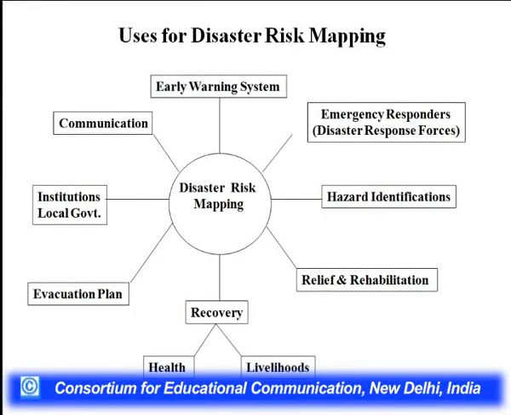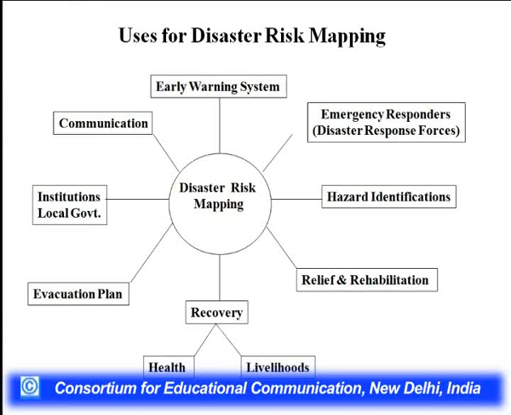Now, through this diagram, I would like to discuss with you what are the important areas where this risk mapping can be used. We can use it in early warning system, or emergency responders can use it, particularly disaster response forces. We have 6 battalions of disaster response forces all over the country.